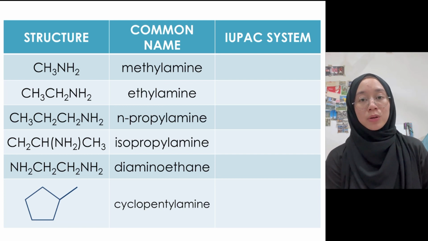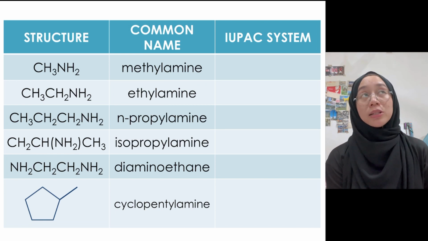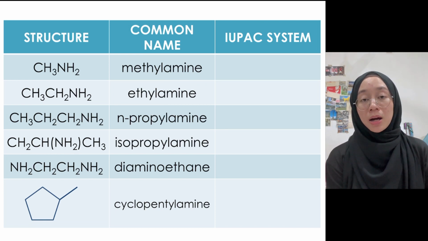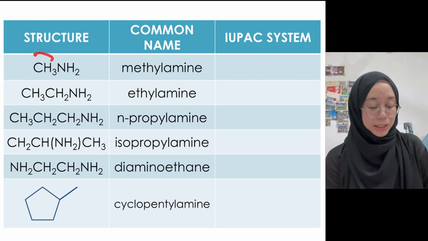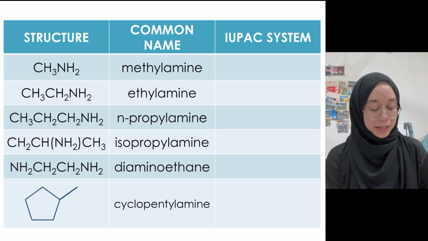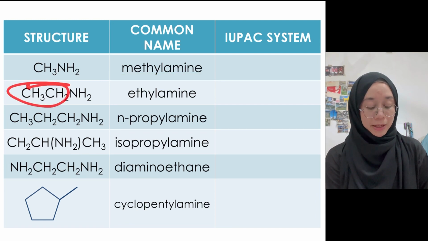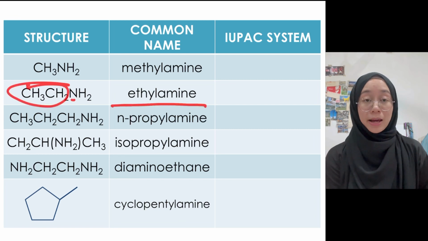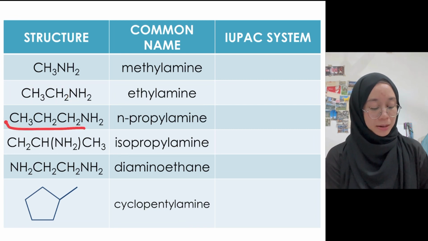Okay, and then dia akan guna alkyl group dekat bahagian depan, depends on the alkyl group apa yang attach kepada kita punya amino group tu nanti. Okay, so as you can see, yang alkyl group yang attach kepada amine ni adalah methyl, so itu nama dia dipanggil sebagai methyl amine. Okay, and then yang ni pula kita ada ethyl yang attach kepada N, therefore dia panggil sebagai ethyl amine. Okay, yang ni pula adalah propyl.